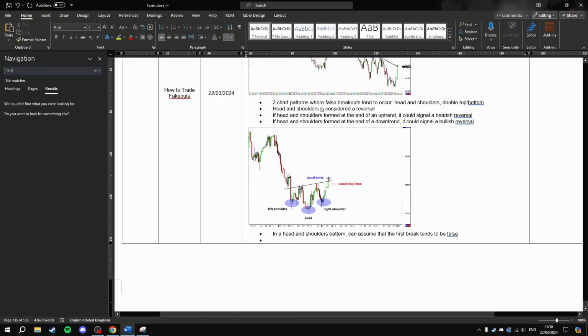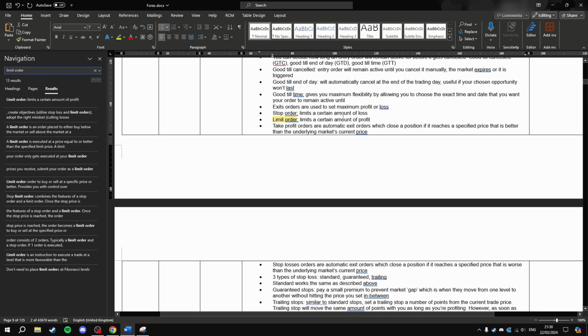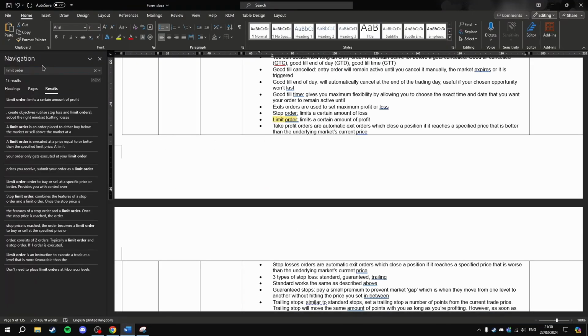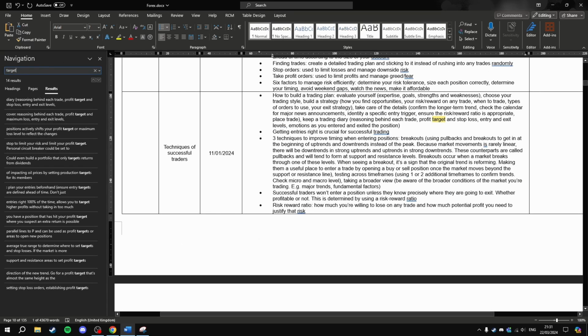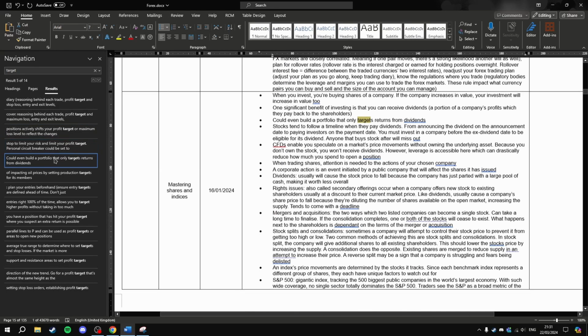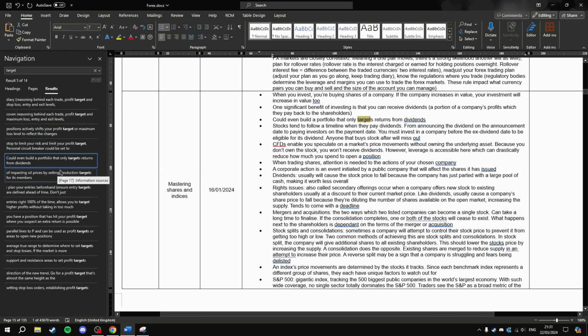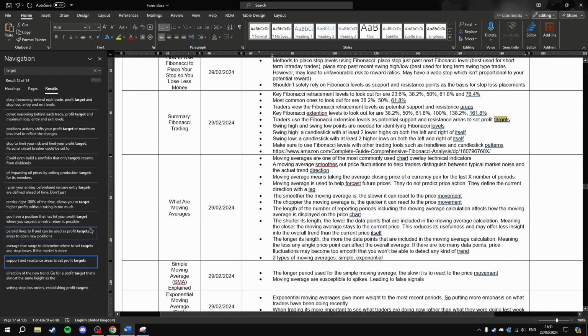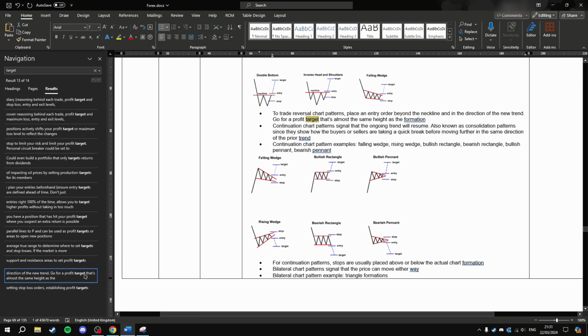Wait, I need to find out what limit order means. It limits a certain amount of profit, so it is the take profit limit. But what's your target? I thought that was your profit limit. Isn't profit target the same as a limit?